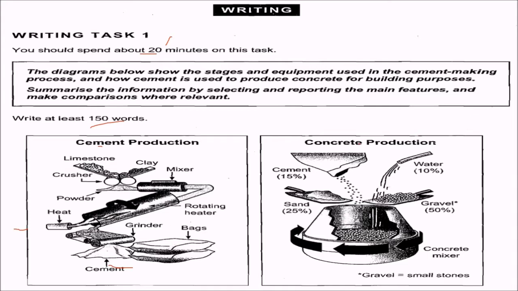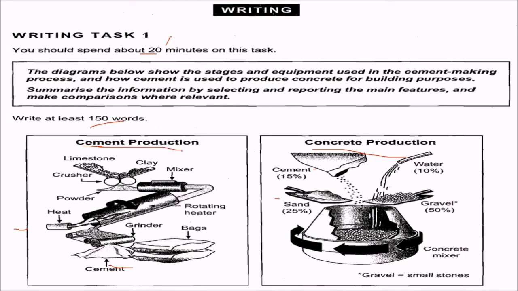This is the concrete production. This is cement, 15% cement content, and 10% water. Then we have sand, 25%, and gravel. Gravel is actually small stones, as given here. You combine all of them in a concrete mixer, and once they combine, concrete is produced.